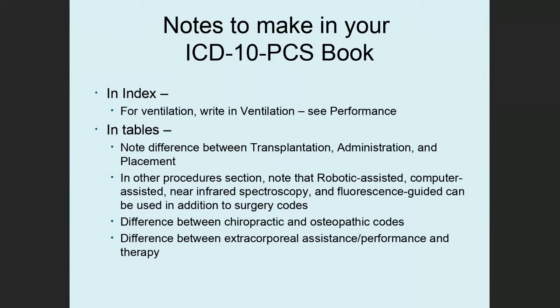In the other procedures section, make a note of the root operations that can be used in addition to a surgery code. You might also make a note of the difference between chiropractic and osteopathic codes, and also the difference between extracorporeal assistance and performance and extracorporeal therapies.